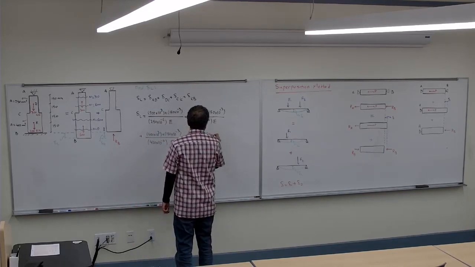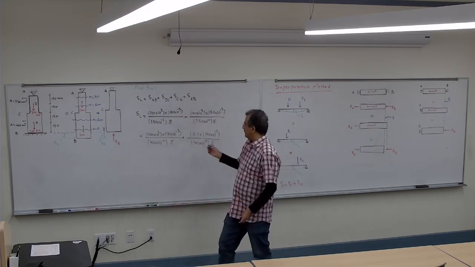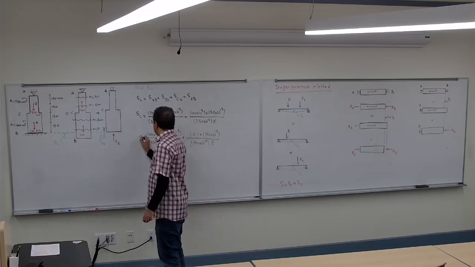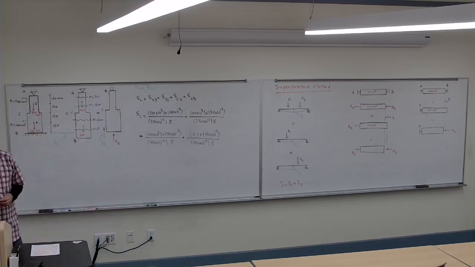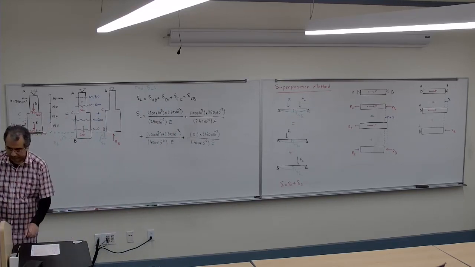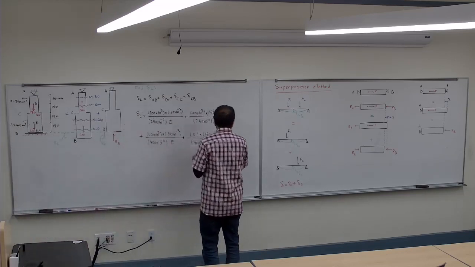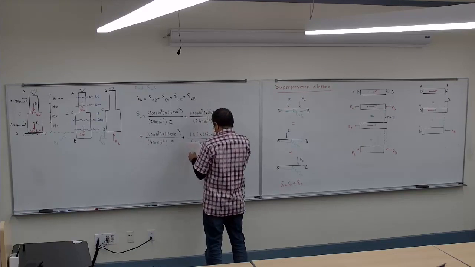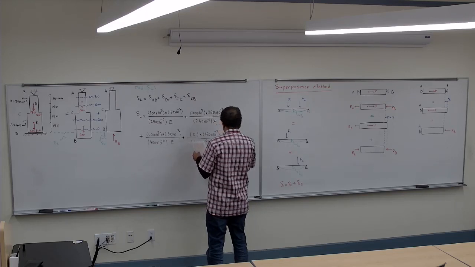I'm just writing it so you know where it comes from. So that is, if I remove the B, how much it would stretch. And if I have everything right, it should come out as 1.125 times 10 to the 9 divided by 8.